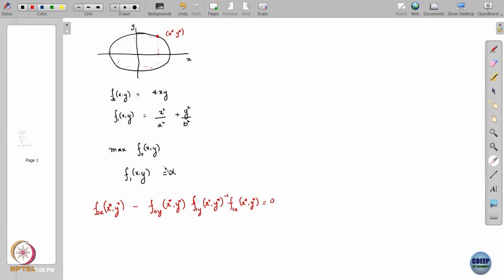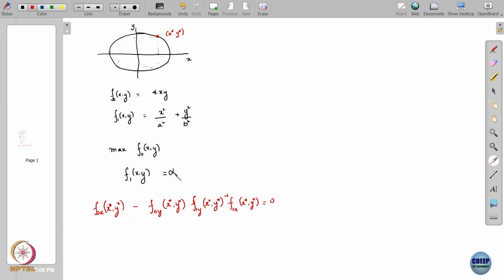That means, x comma y should satisfy the equation f1 of x comma y equals alpha, where f1 is the ellipse equation. So, x square by a square plus y square by b square. Any x comma y that lies on the ellipse basically satisfies x square by a square plus y square by b square equals alpha.